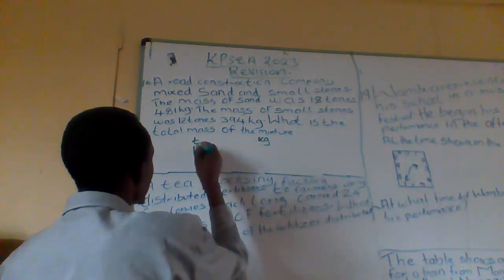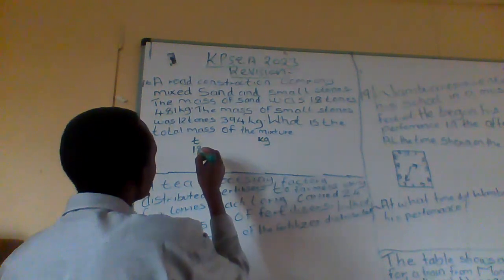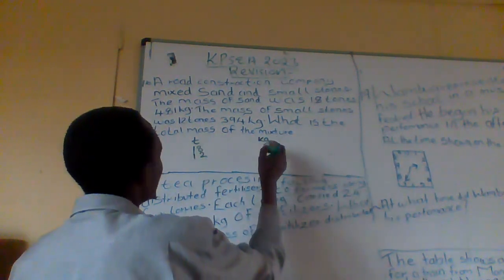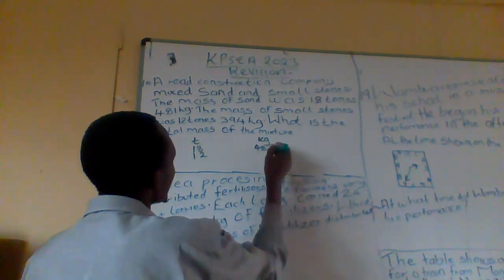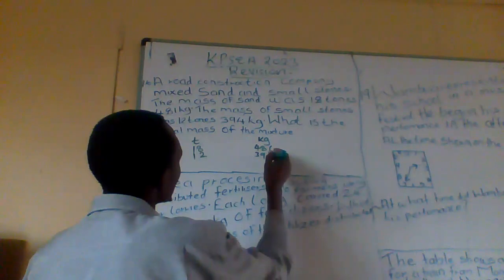So 18 tons at this side, and then 12 tons at this side, and then we have 481 kilograms, and then we also have 394 kilograms.